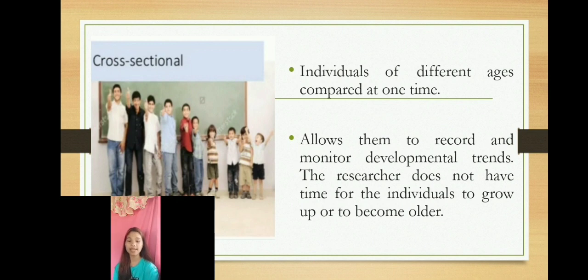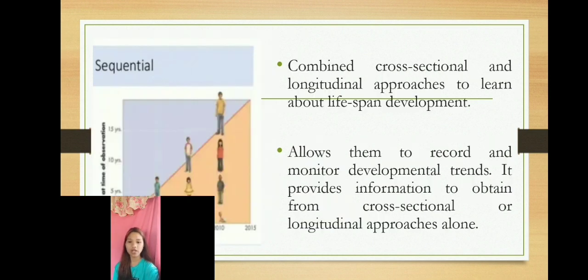The next is sequential, which combines cross-sectional and longitudinal approaches to learn about lifespan development. It allows them to record and monitor developmental trends. It provides more than the longitudinal approach alone.